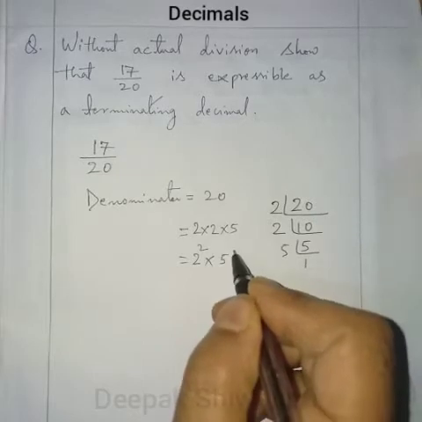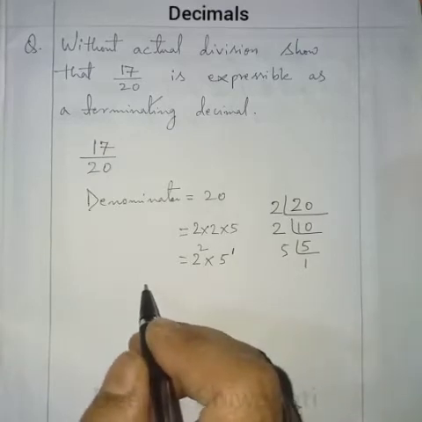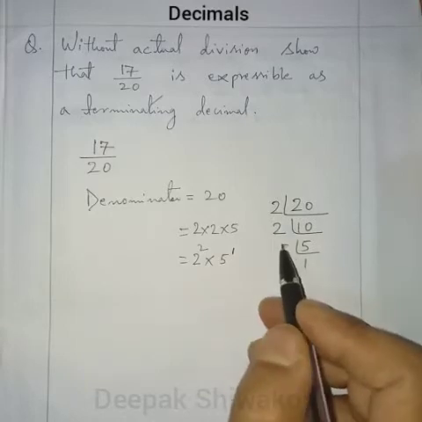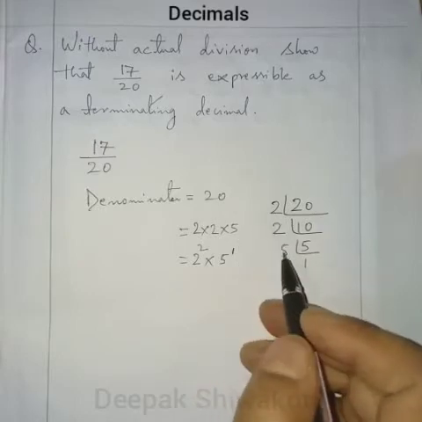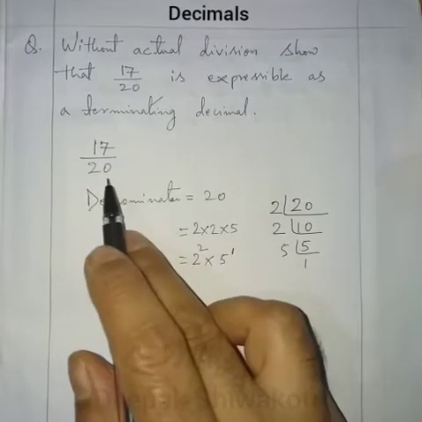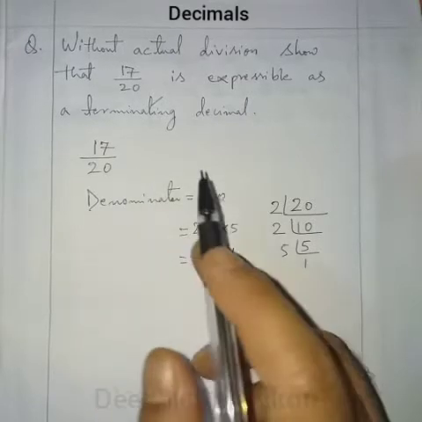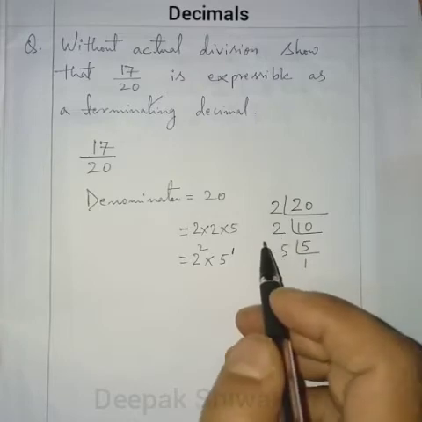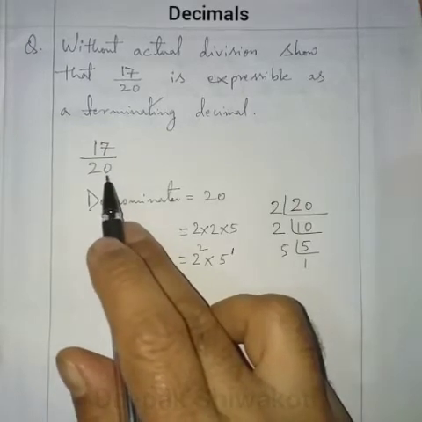Our knowledge for this process is that when we look at the prime factors, if we get factors other than 2 and 5, then this fraction is a non-terminating, or recurring, decimal. But here we have only factors 2 and 5, so this is a terminating decimal number.